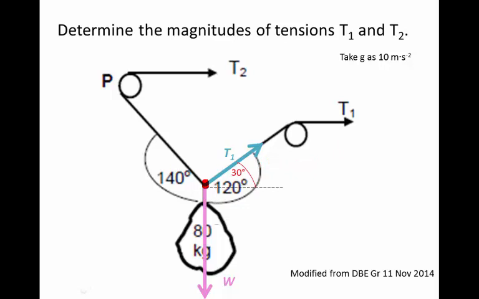What else is acting on this point? Tension 2. Again, yes, the pulley has changed the direction there, but don't let that confuse you. At this point that we're interested in, tension 2 is acting in the direction shown there.